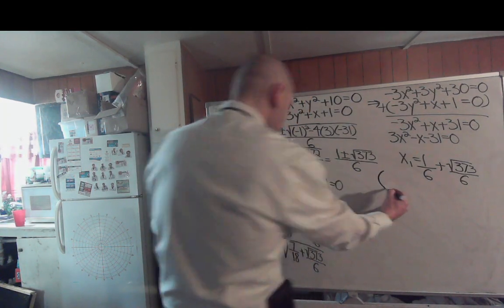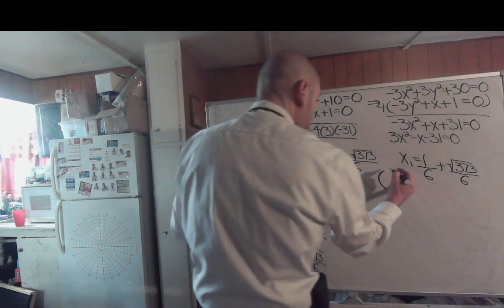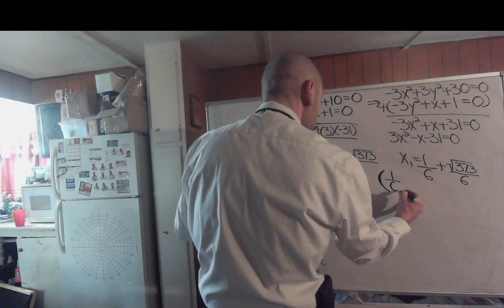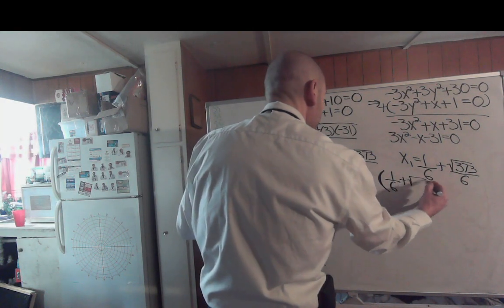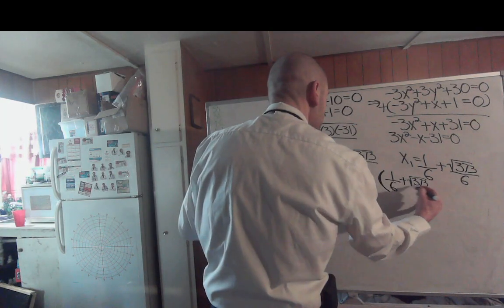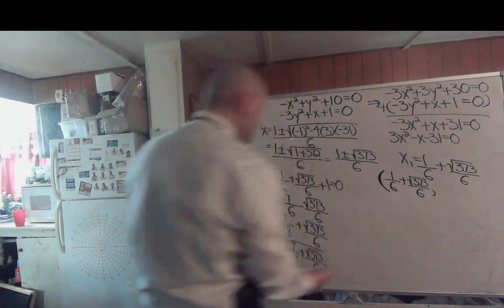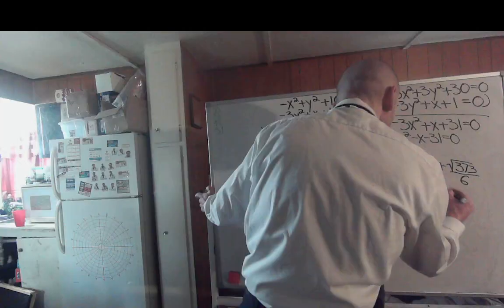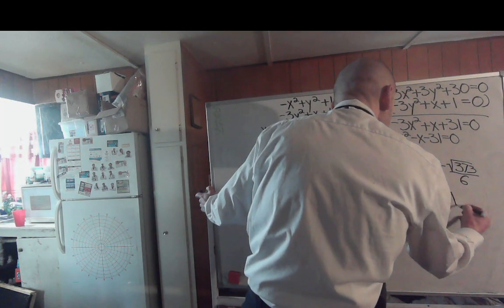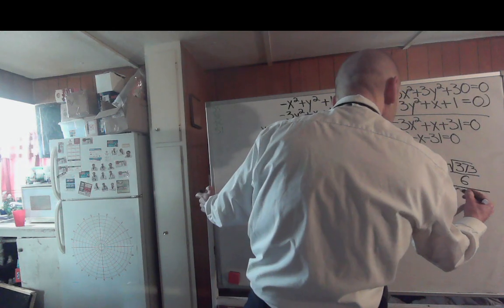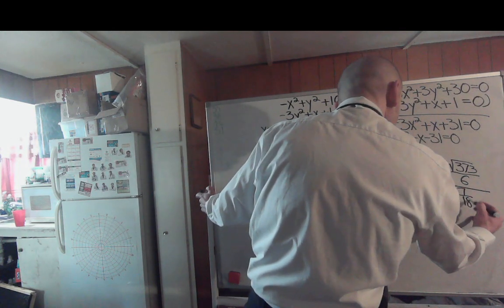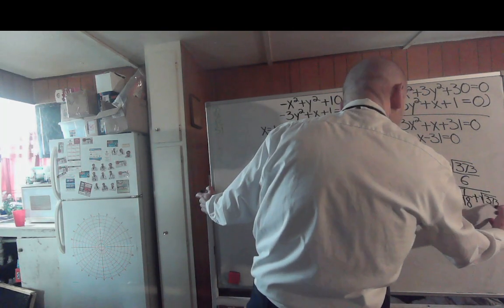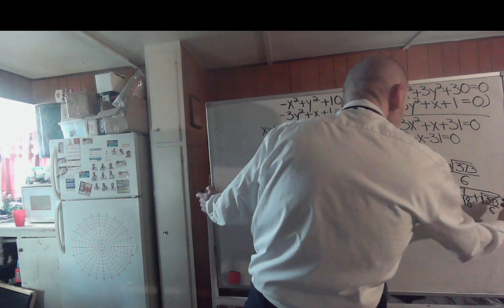So you'll end up getting two x coordinates right out of the gate. You'll have one x coordinate of 1/6 plus the square root of 373 over 6 for your x coordinate, but for that one x coordinate, you'll have two y coordinates of both plus and minus the square root of 7/18 plus the square root of 373 over 18.